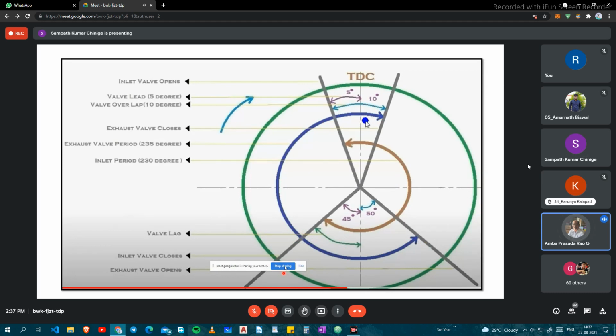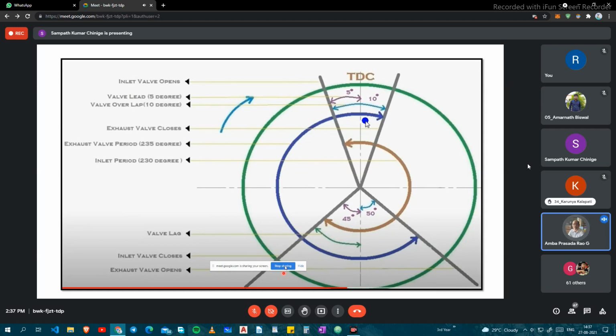So if you calculate the time taken for one cycle, meaning 720 degrees, let us say the engine speed is N RPM. Let us say 1000 RPM, which means 1000 revolutions in 60 seconds. One revolution is 360 degrees.